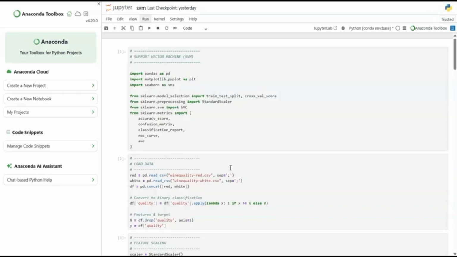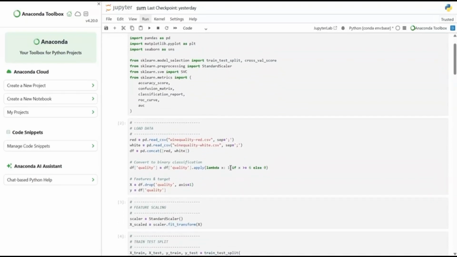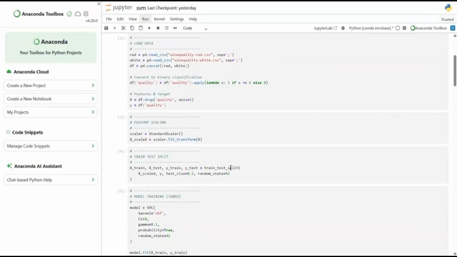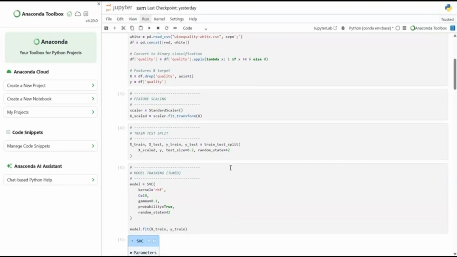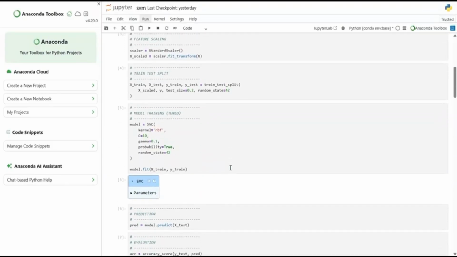The fourth model used in this project is support vector machine, which is a supervised learning algorithm used for classification problems. SVM works by finding an optimal hyperplane that separates different classes with the maximum margin.